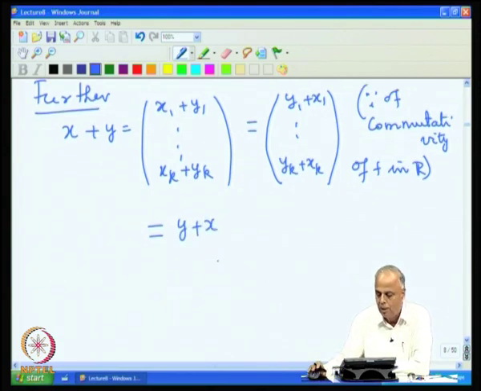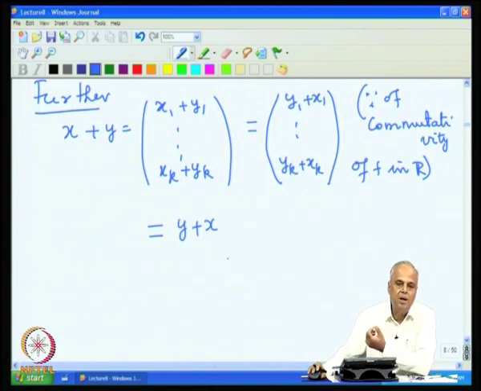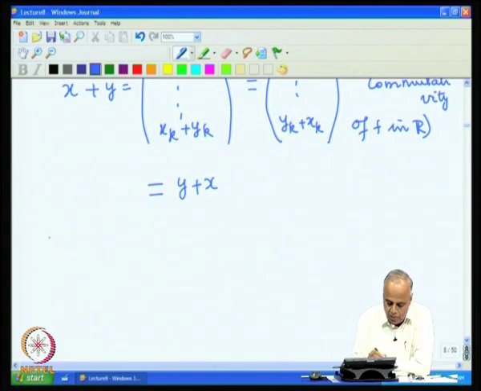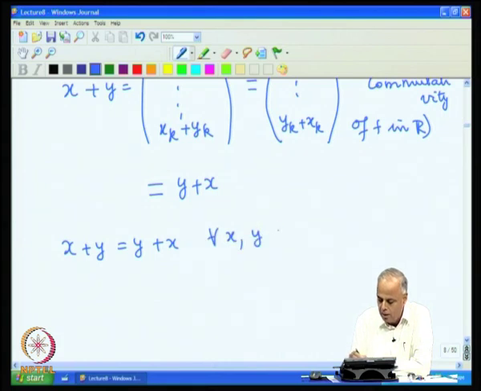So, therefore, the commutativity of addition in R again induces the commutativity of addition in R k. So, we have x plus y is equal to y plus x for every x, y in R k.